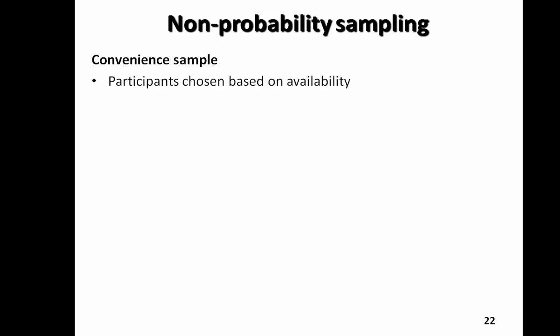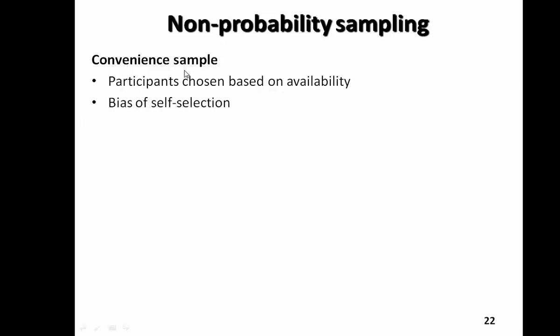When we're dealing with research participants on an individual basis, that often takes place at universities and in research labs, non-probability sampling is the most common approach. And very often a convenience sample is obtained in which participants are chosen, selected, or invited to participate based on the availability of that sample.